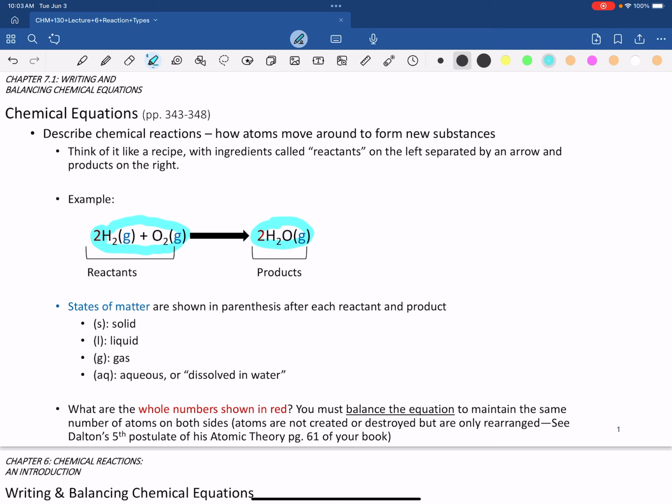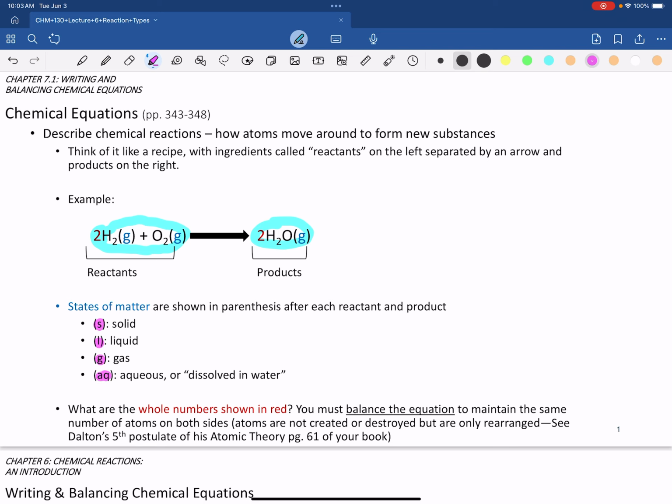There's also a thing that says that we like to represent the states of matter. Remember, the states of matter are solid, liquid, and gas. And so we would like to represent them in terms of the substances that we either add as reactants or form as products. So here you've got the states. You've got S for solid, L for liquid, G for gas.